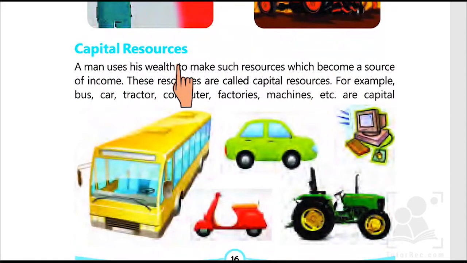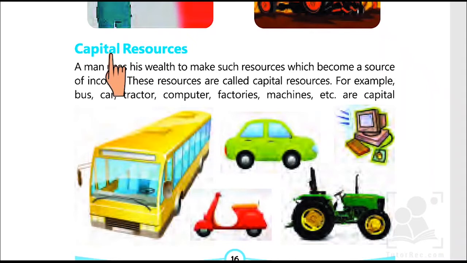Next, we have capital resources. A man uses his wealth to make such resources which become a source of income. These resources are called capital resources. For example, bus, car, tractor, computer, factories, machines. These are all capital resources. So we can say all those factors and resources that help us earn a particular income are called capital resources.